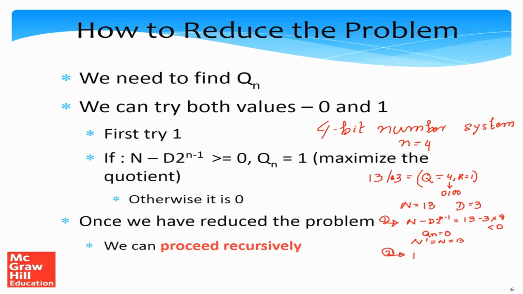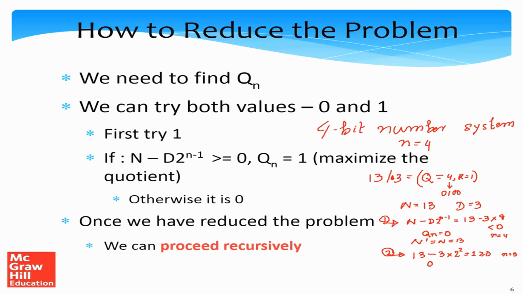After that, let us go to the next iteration. In this case, n was 4, and now n will become equal to 3 because we are moving to a smaller number system. So we do 13 minus 3 times 2 raised to the power 3 minus 1, which is 2 squared, which is 4, so 13 minus 12 is 1, which is greater than or equal to 0.